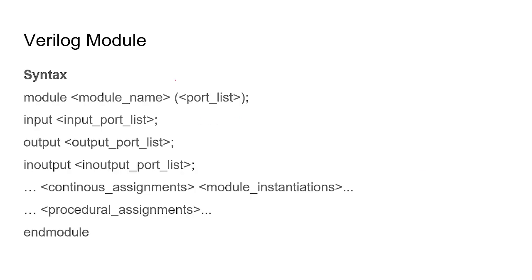Then the syntax of the module will start with module and end with endmodule. Then the module name, and you will define the whole port list, all the inputs, outputs and inouts.